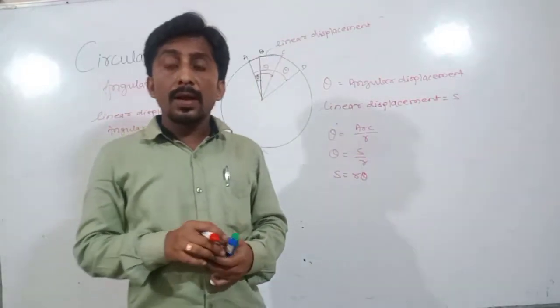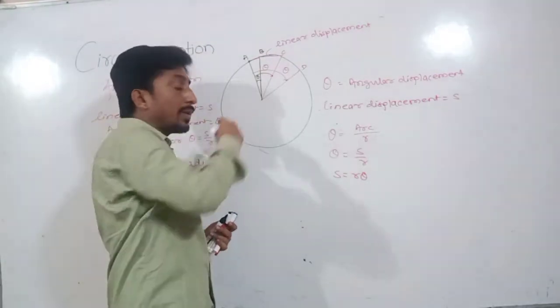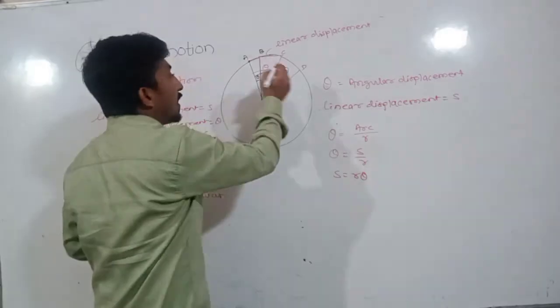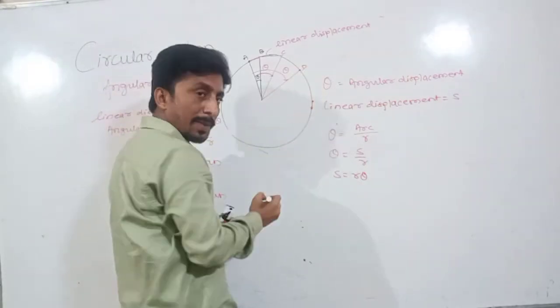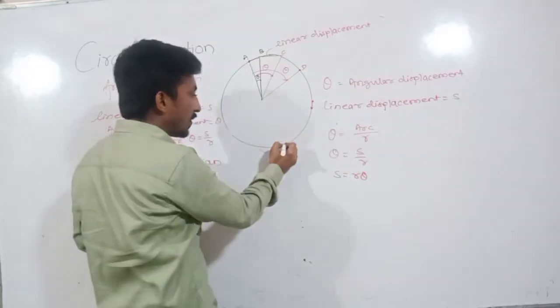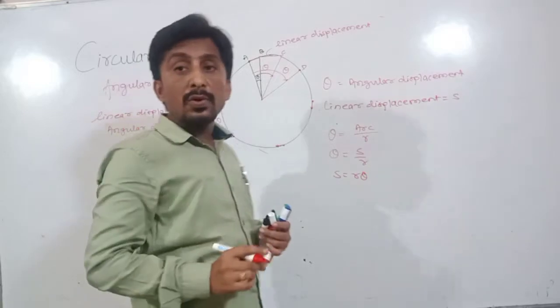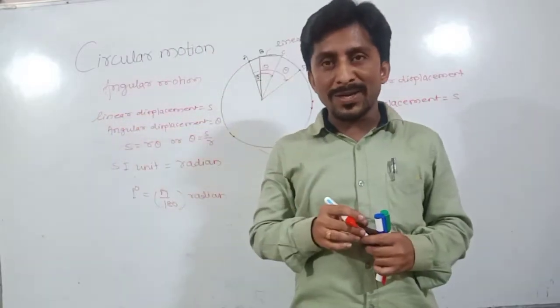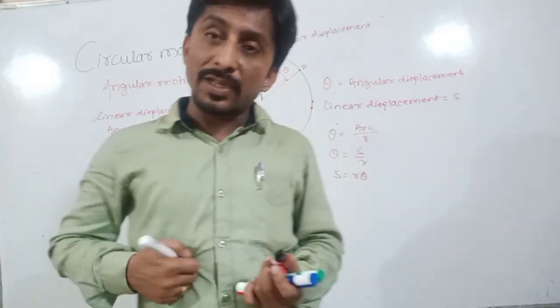Now you see this is a circle, the particle is moving. Now when this particle is here, suppose here, what is the direction of this particle? Linear direction, here linear direction, here linear direction. But you know that displacement is a vector quantity. Then it must have direction.